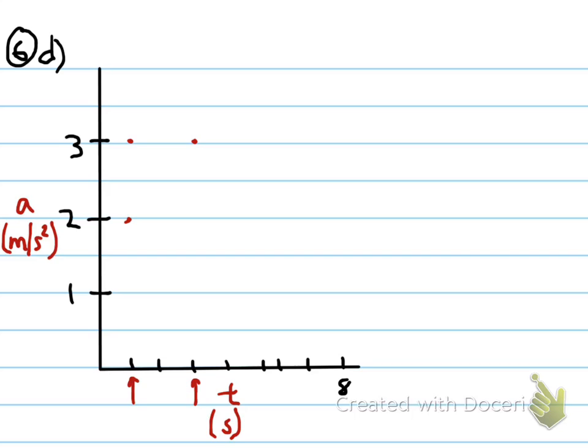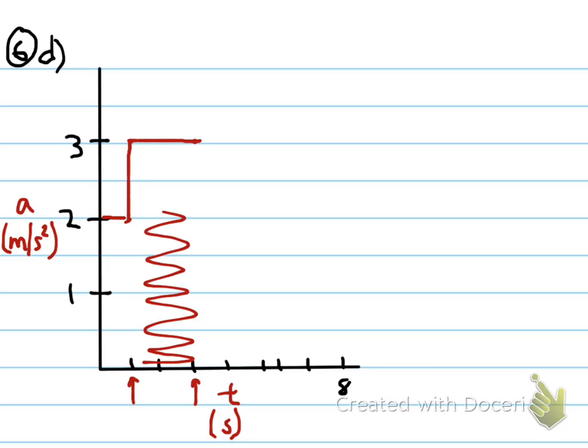So it should come across from the beginning, it should go up like this. Okay, so that way, in the first second, you're looking at an acceleration of 2 meters a second squared. In the first to the third seconds, you're looking at, for the whole time, an acceleration of 3 meters a second squared. So your graph should be horizontal at that point.